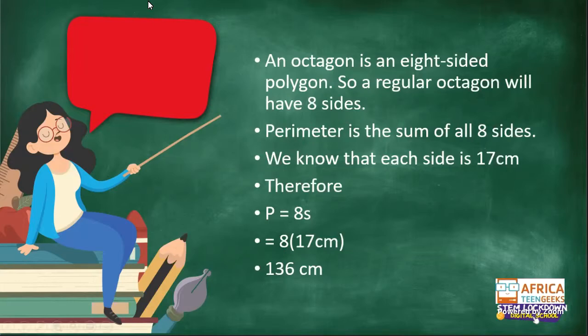Since each side is 17, the P there is 8 sides, and then you multiply 8 by 17 to get 136 centimeters. So thank you very much indeed, Junior, for taking the time and the trouble to answer this question.